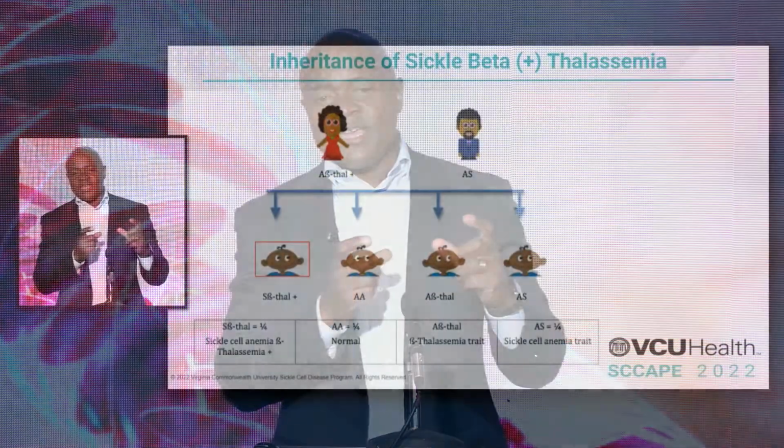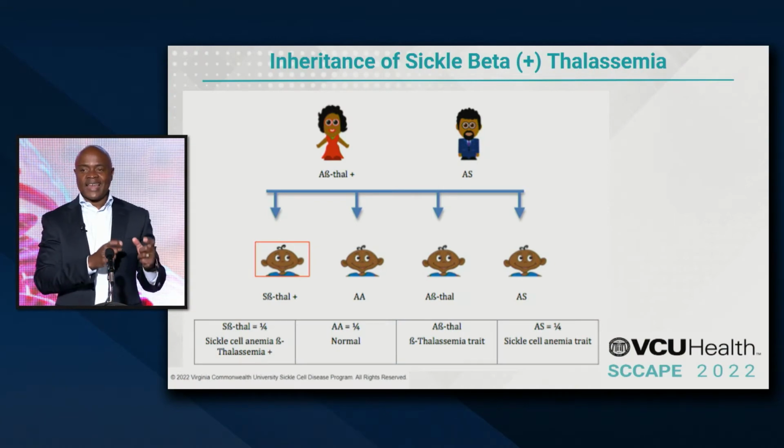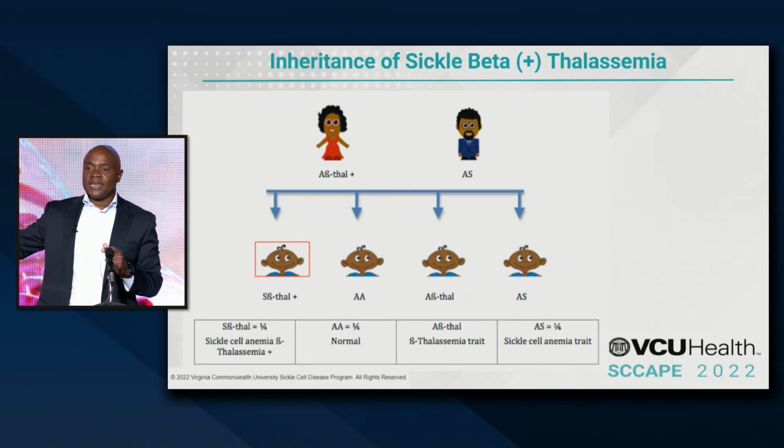But you have to know what kind of beta thalassemia trait that parent has, because they may have a trait that results in more of those beta chains being gone or fewer of them being gone.